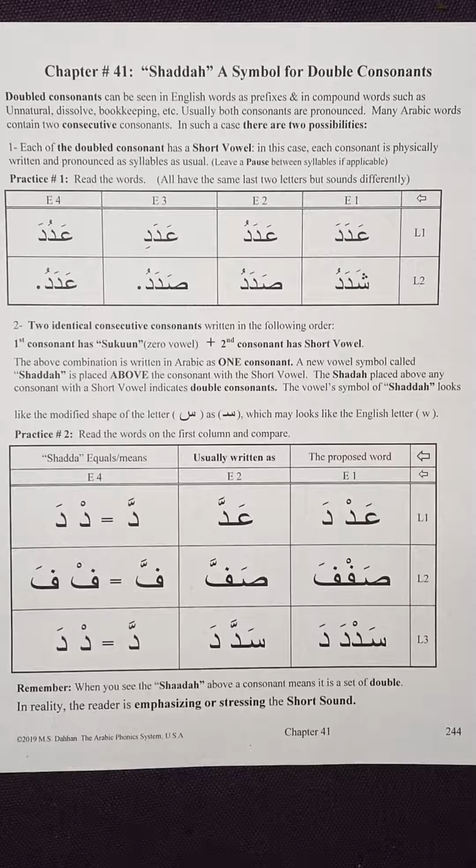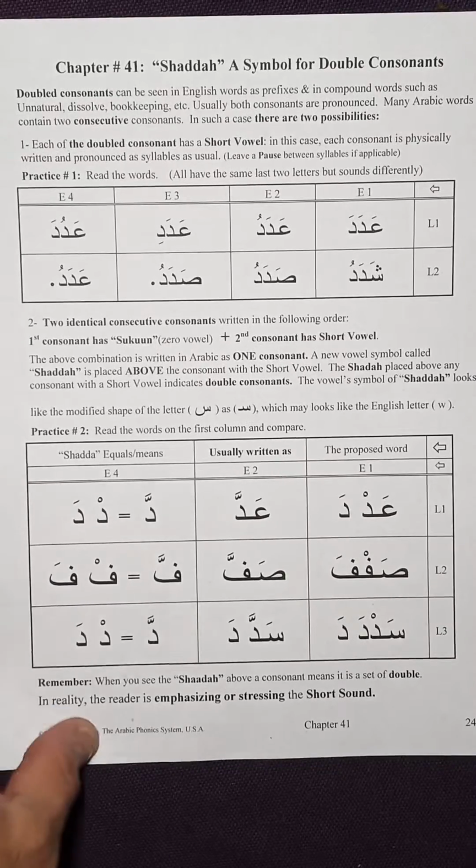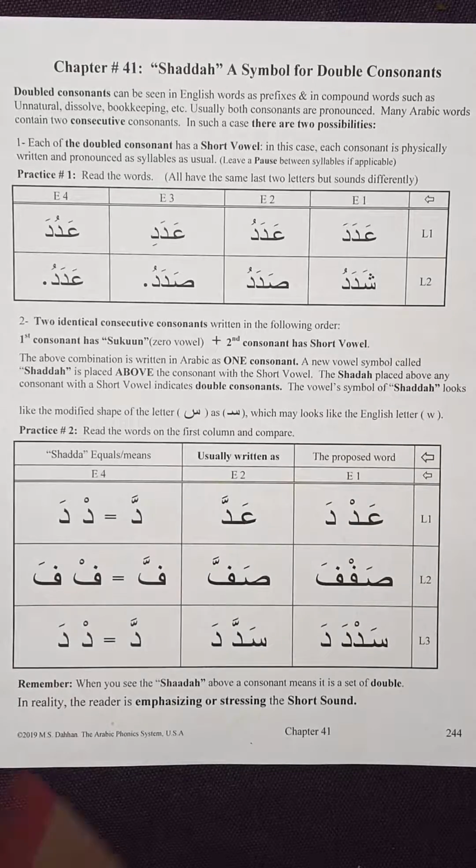Both of them have vowels, so that means they have different sounds, so we have to pronounce them. That means nobody has sukoons. We usually pause between them, and the double is pronounced as syllables as usual. Leave a pause between syllables if possible.